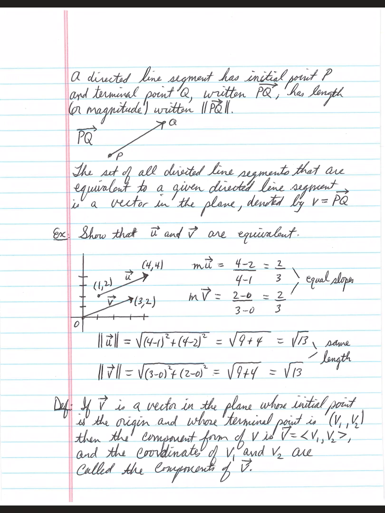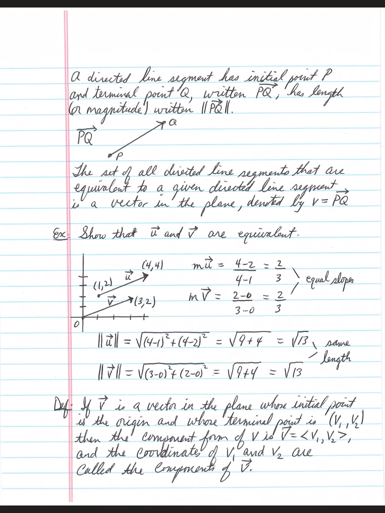The magnitude or length of each vector, let's start with vector u. That one, we have the square root of x2 minus x1 squared plus y2 minus y1 squared. That gives us 3 squared, which is 9, plus 2 squared, which is 4, square root of 13.